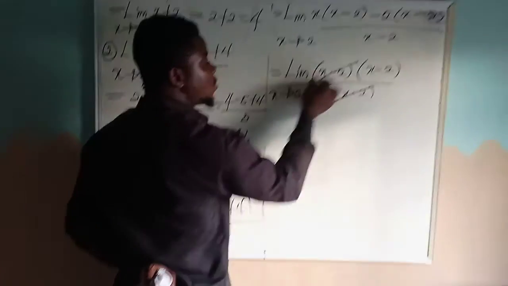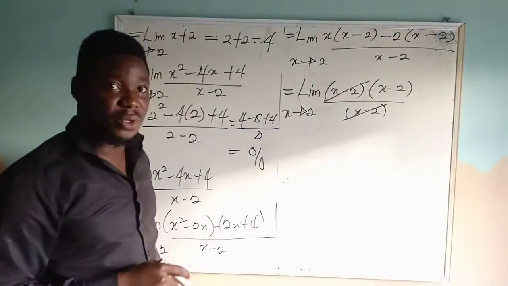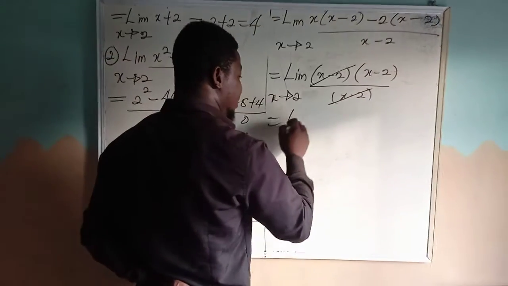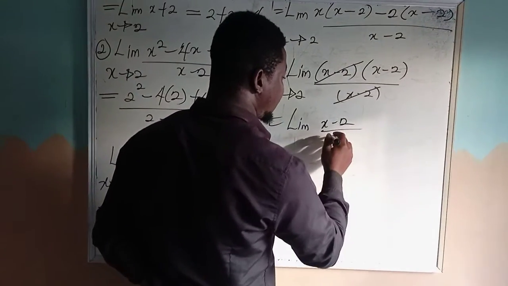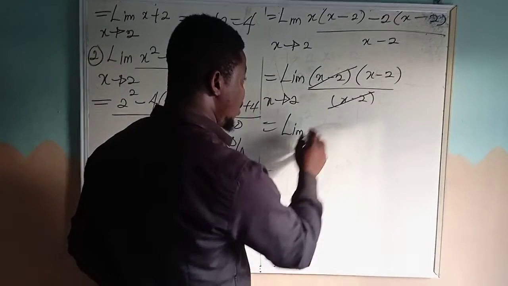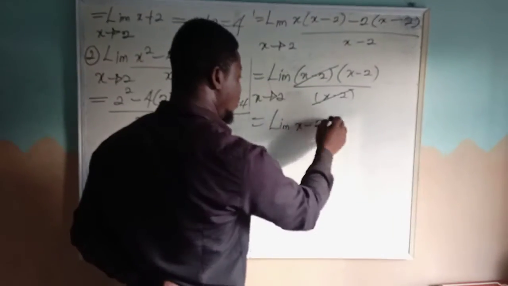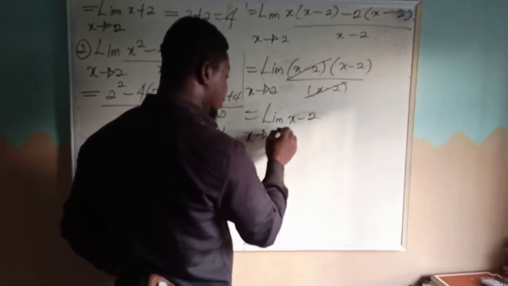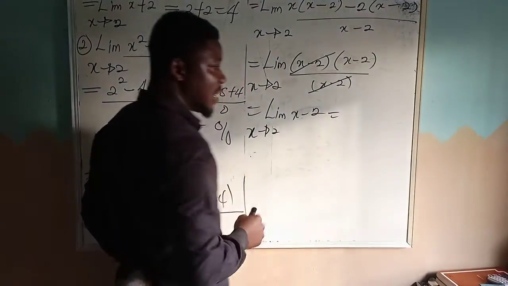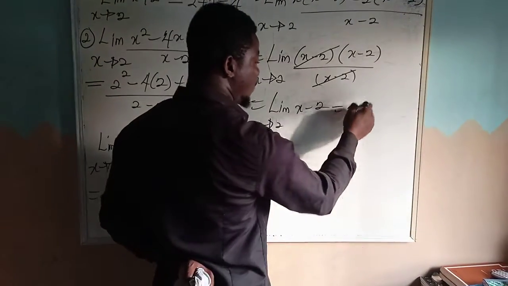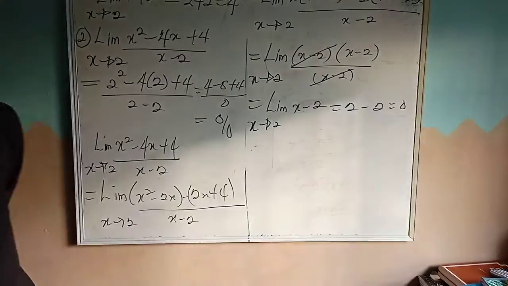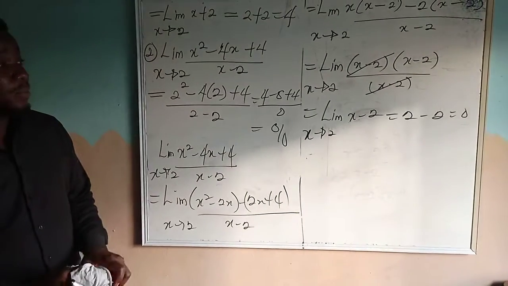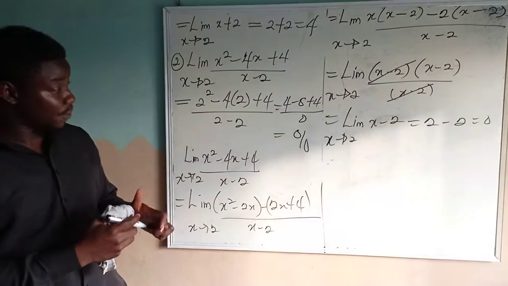So this x - 2 eliminates x - 2, and you'll be left with the limit of x - 2 as x approaches 2. You can now substitute directly. From here, you have 2 - 2, which equals 0. So 0 becomes the limiting value of that particular function.